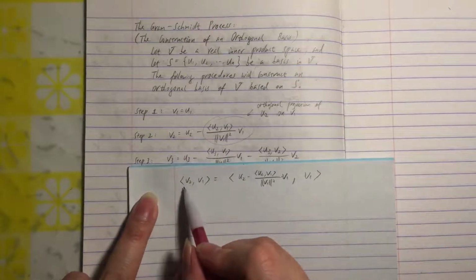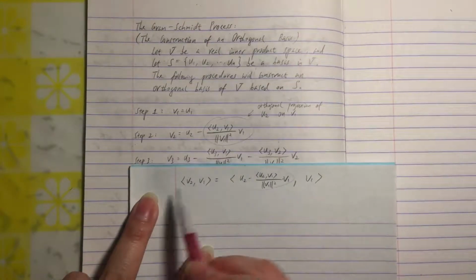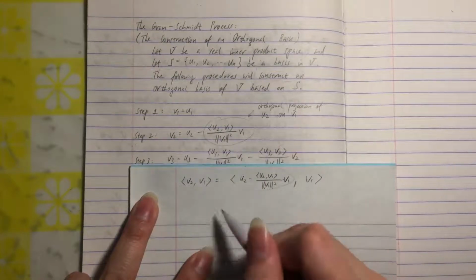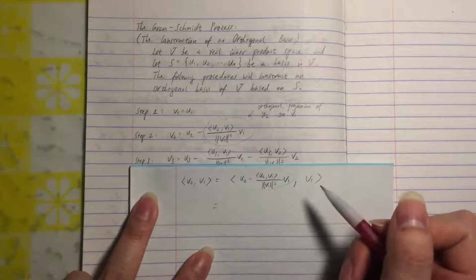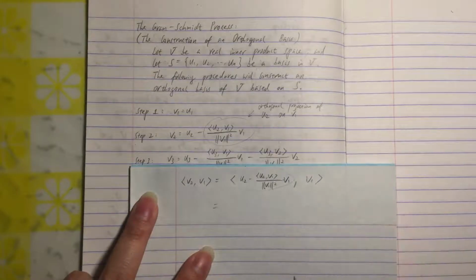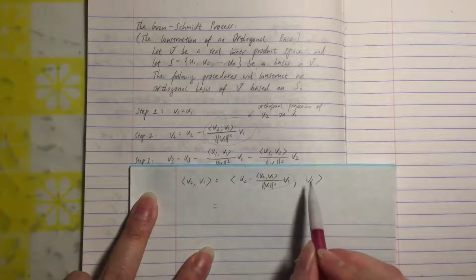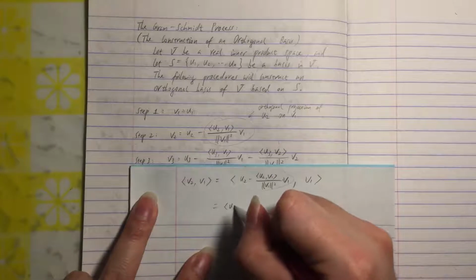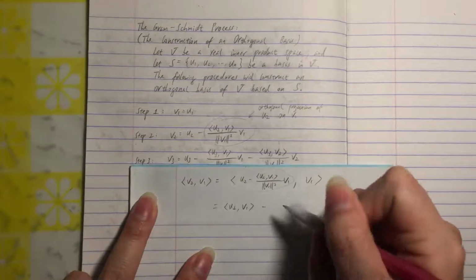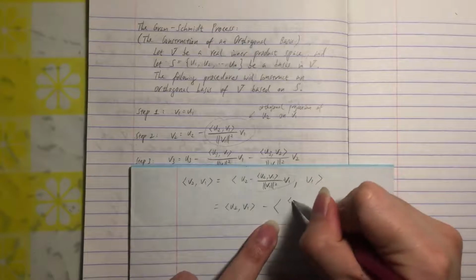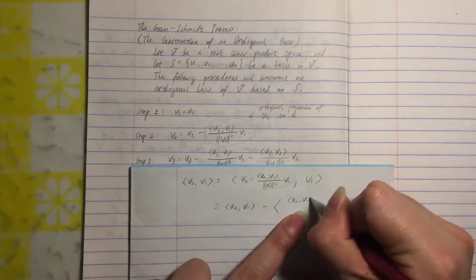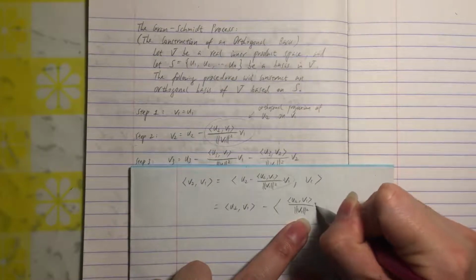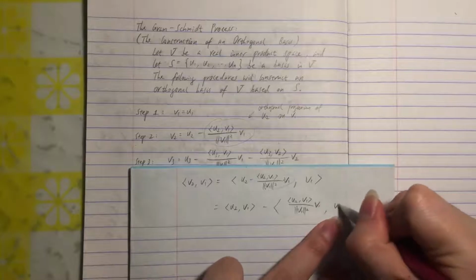I first replace v2 with this expression and leave v1 the same. Next, simplify. By the second axiom of inner product, I can distribute v1 to both of them. I get u2 comma v1 minus u2 comma v1 over the norm of v1 squared times v1 comma v1.